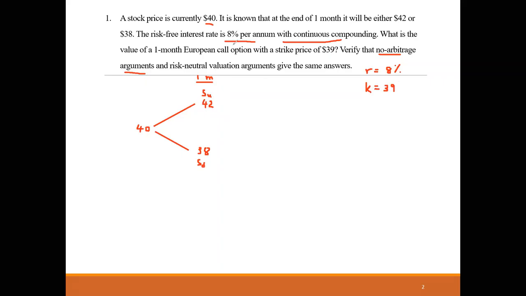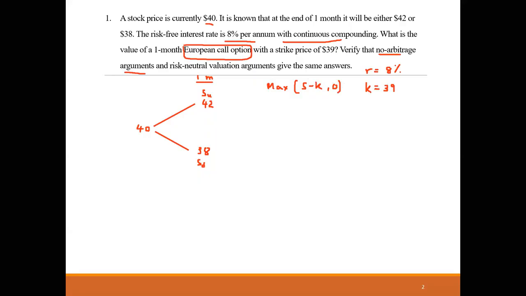We are considering a European call option. The payoff of a European call option is the maximum of S minus K or 0, right?